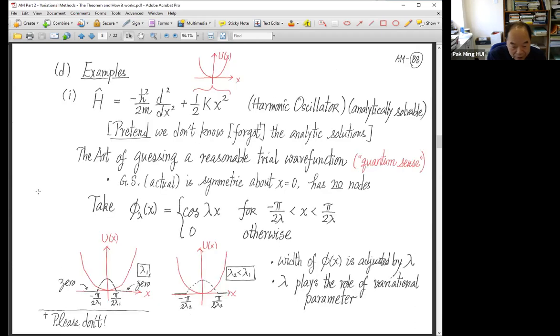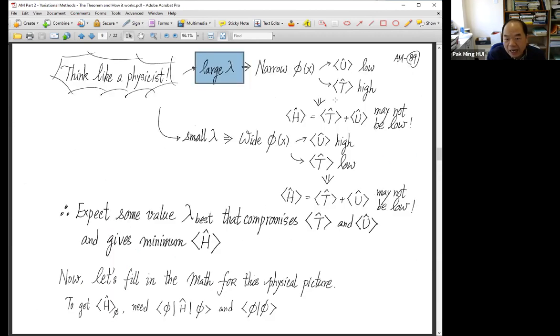So this one, narrower, okay? I'm making use of the fact that the particle will be found more often in this lower potential energy range, okay? So that I'm thinking about expectation value of potential energy part will be lower. That may be good. We are shooting at the ground state energy.